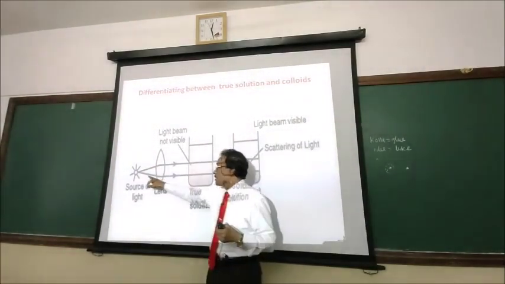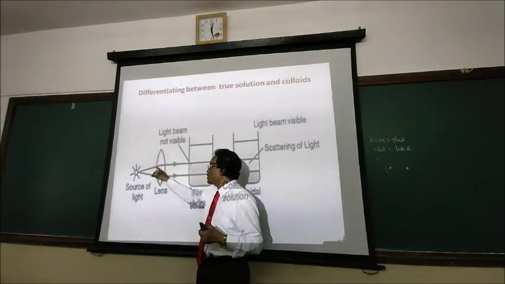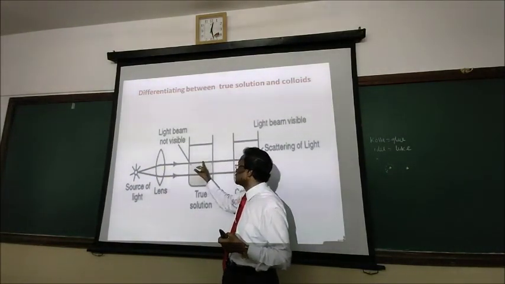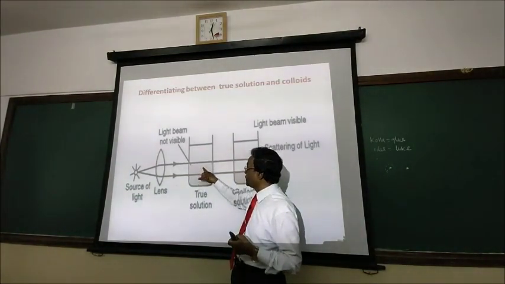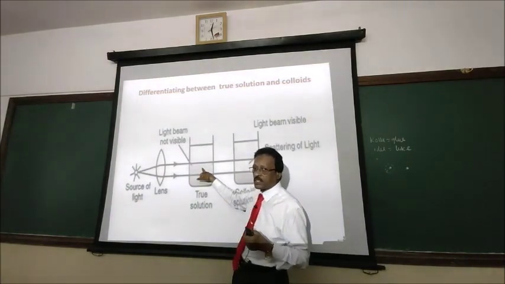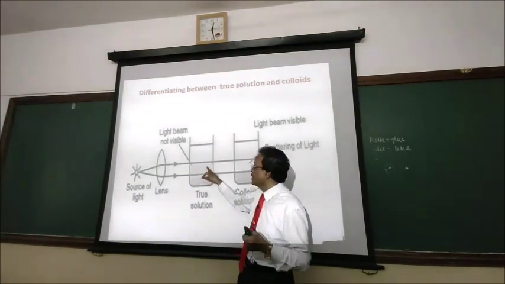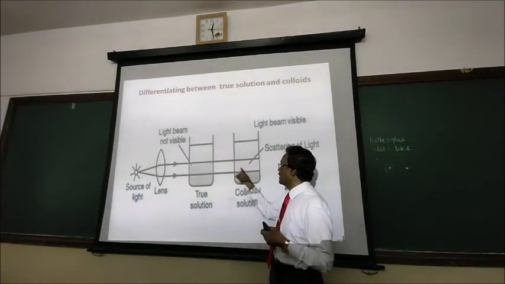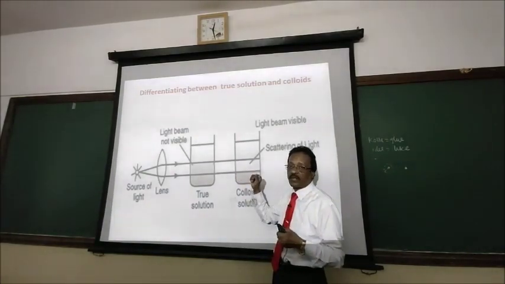You take a light and use a lens to get a convergent beam of light. This convergent beam of light is passed through the solutions. Look here. The path of the light is not visible in the true solution, because the particles are too small and cannot scatter the light. But here you can see the path of the bright light; the path of the light is visible. So this is the optical property of the colloids.